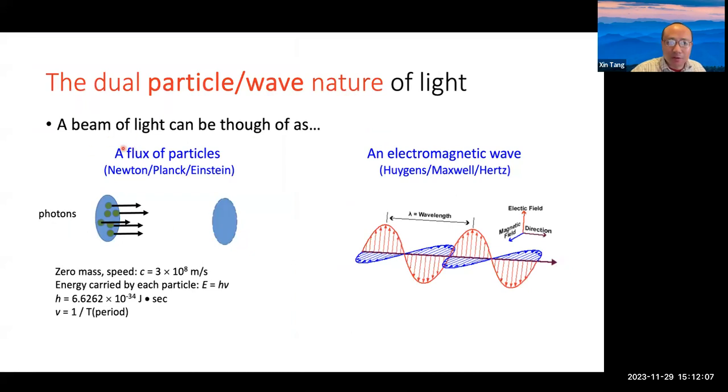Okay, the first school says that when light travels in a medium, if we look at it at the micro or nano scale, it actually has a flux of particles. Each one of those particles is called a photon. There are many photons going at the same time.